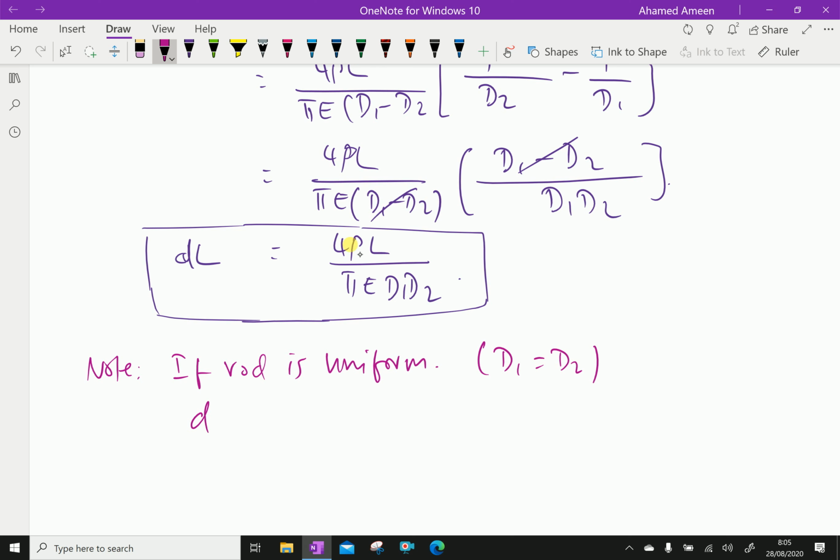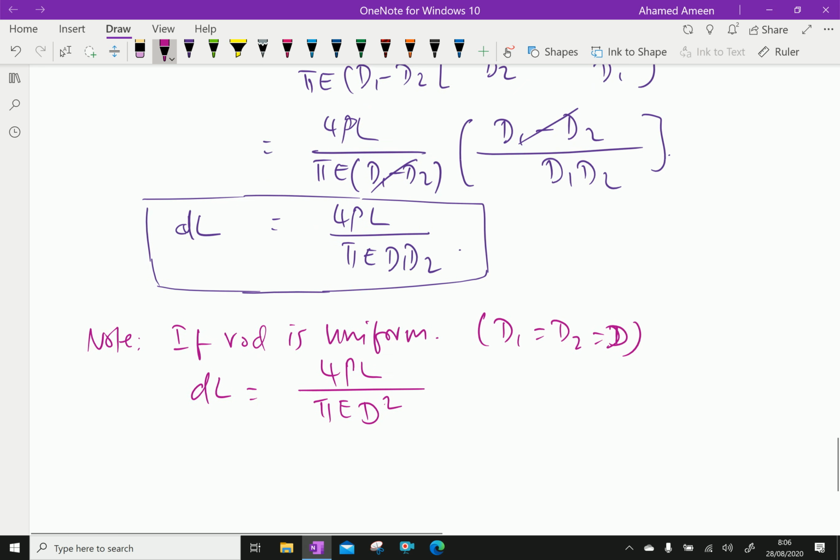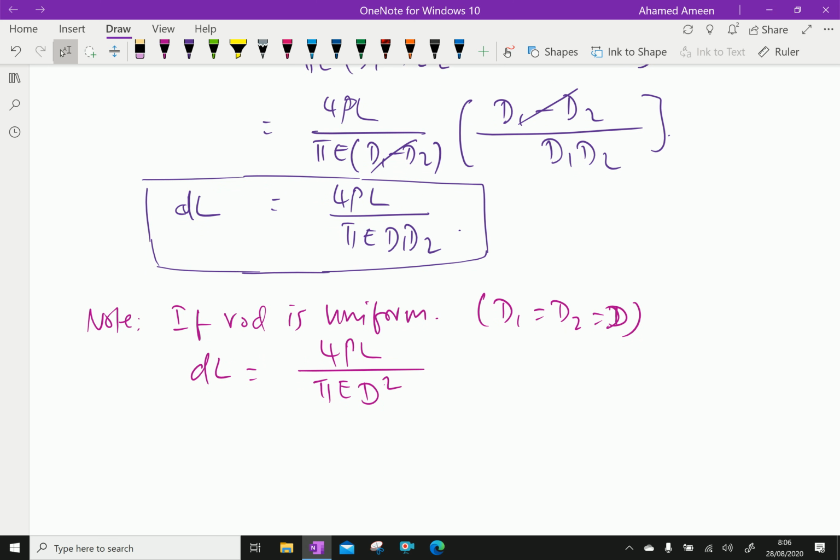Therefore, in this uniform rod delta L equals 4PL over pi E D squared, keeping D1 equal to D2 equal to D. This is the total extension for a uniform rod, 4PL over pi E D squared. From this we got it when it is not tapering. We have done.